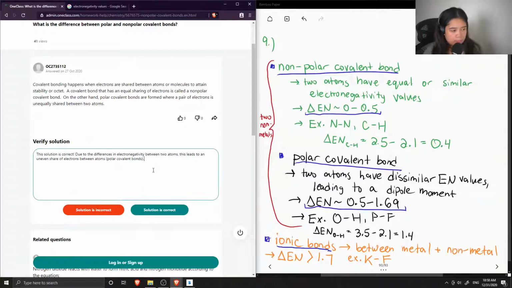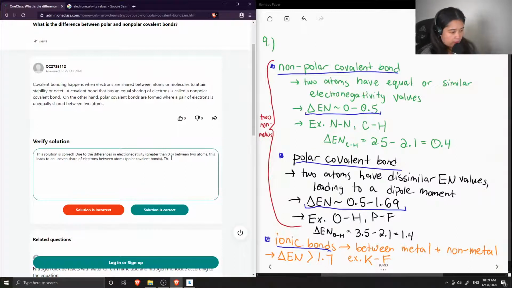Then I just also added that due to differences in electronegativity between two atoms, typically greater than 0.5, this leads to an uneven share of electrons between atoms, so polar covalent bonds.